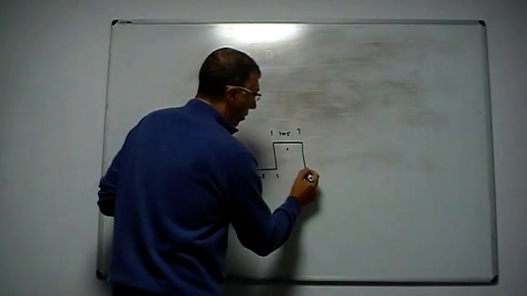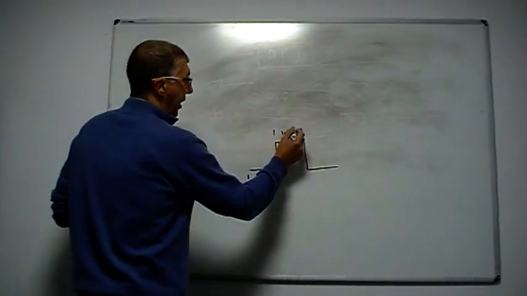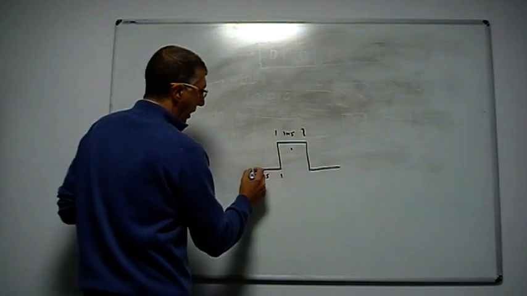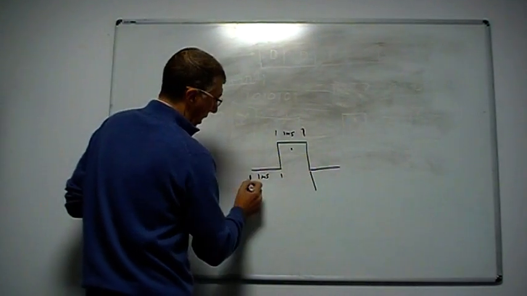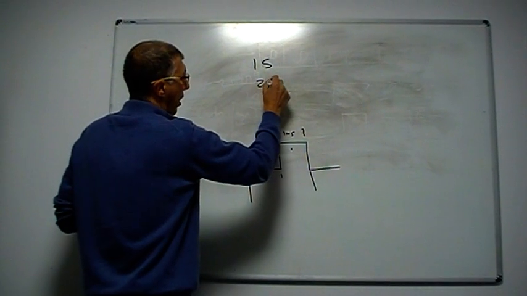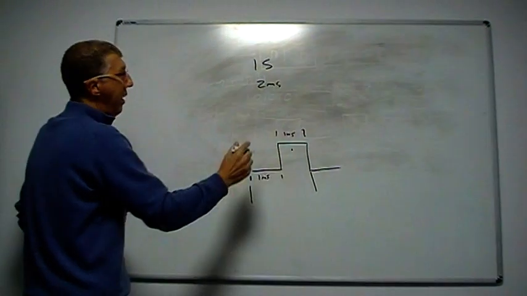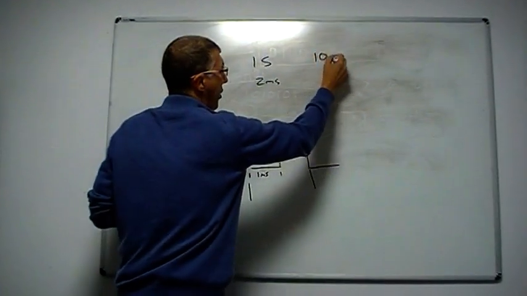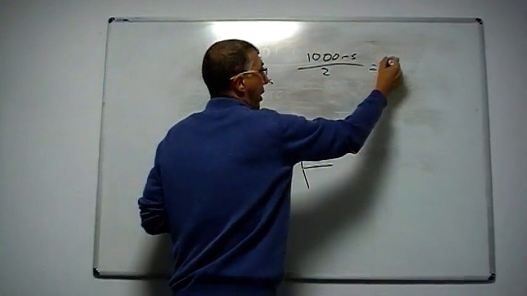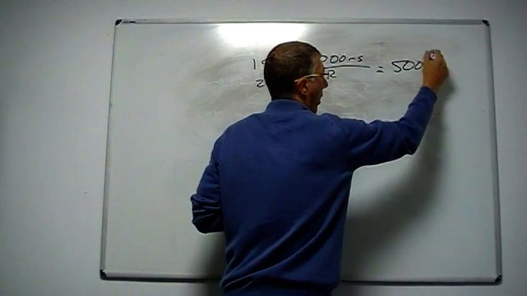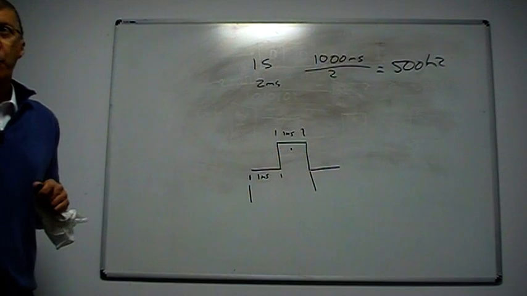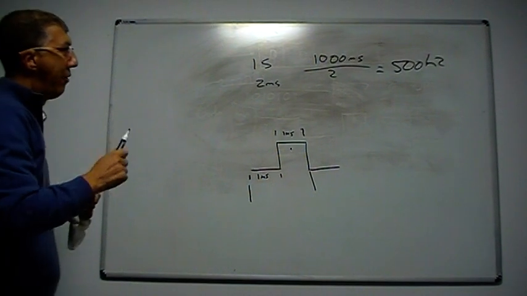So the clock signal for that customer is going to be 1 millisecond high, 1 millisecond low, and that gives us, in 1 second, 2 milliseconds used for there. If we take 1 second to 1,000 milliseconds, we divide it by 2, it will give us a frequency of 500 Hertz. So that means we can get 500 bits into the printer every second.